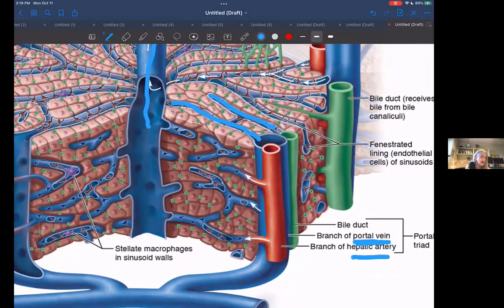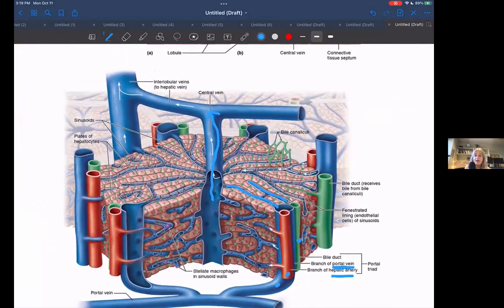So this portal triad consists of an artery with oxygen-rich blood that is going to feed the hepatocytes, the vein, which is oxygen-poor blood coming from the small intestine, and then we have the bile ducts, which carry bile. So the bile ducts are carrying the bile that is produced by the hepatocytes. And so this is like a little factory or working machine, actually, right? So it has these little subcomponents. And this is how the liver is able to filter the blood.